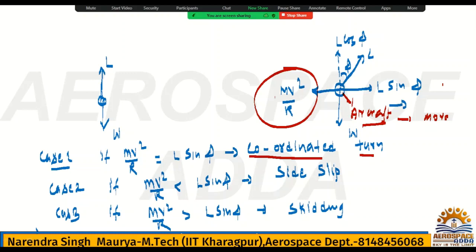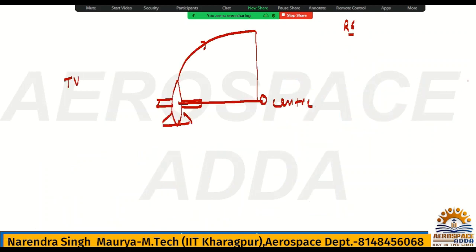Your turning is towards this side, so obviously the center point is this side only. That's the reason, for the top view, this is the center here. Now we have psi. What is this psi? This psi is the turning angle.